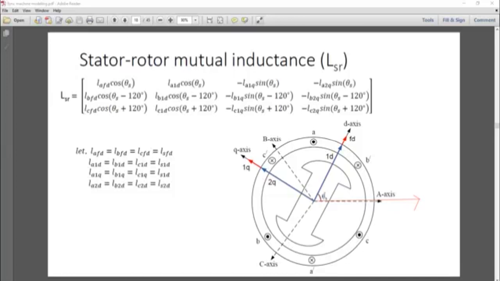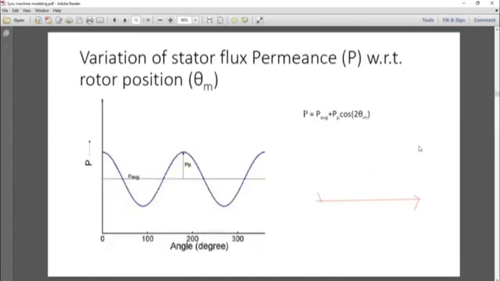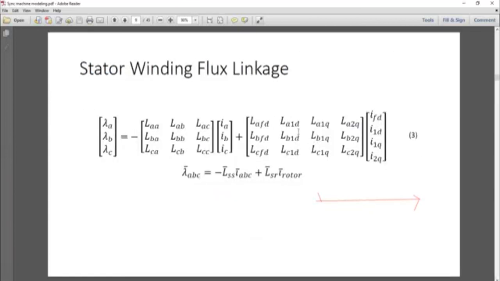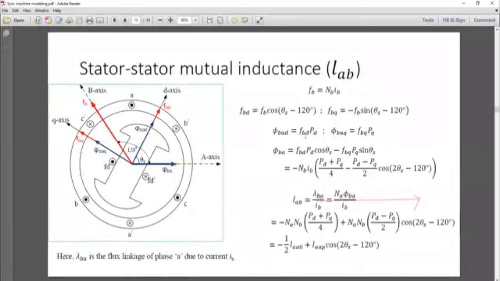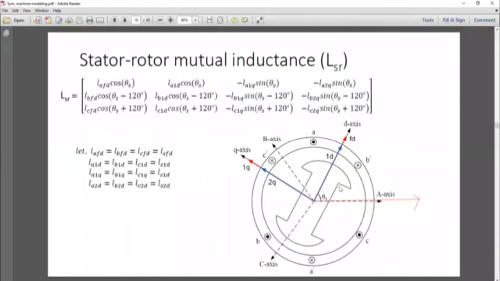What about the next entries? Let's go back to the big matrix. LA1D: phase angle same, because 1D and FD have MMF along the same line. So LA1D cosine of theta s. What would be LA1Q? What is the angle between 1Q and A axis?